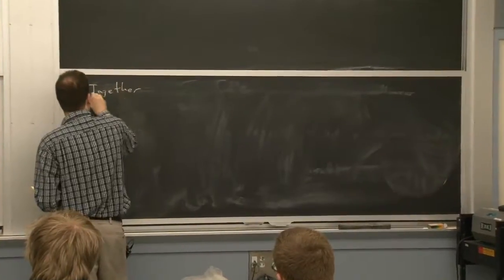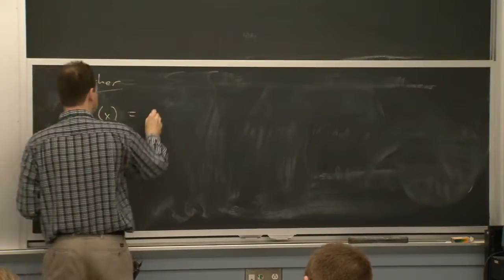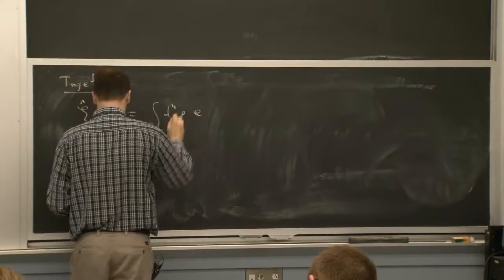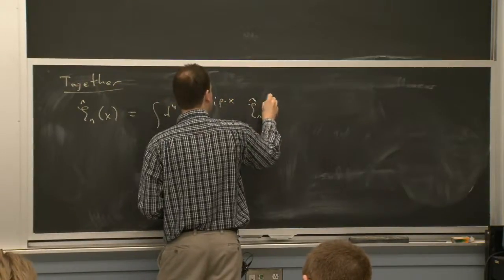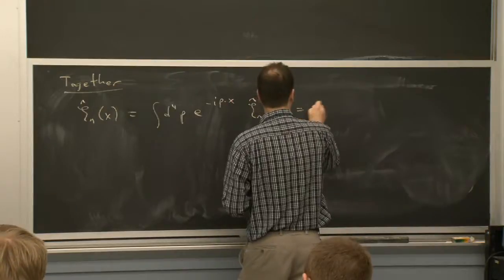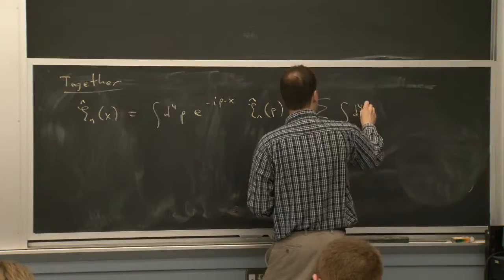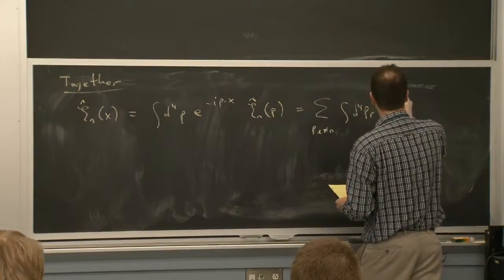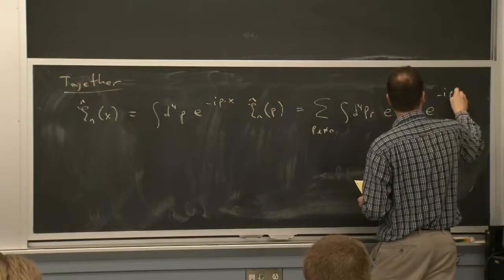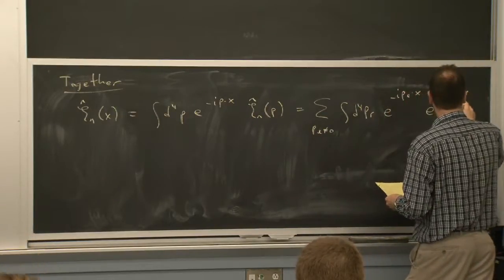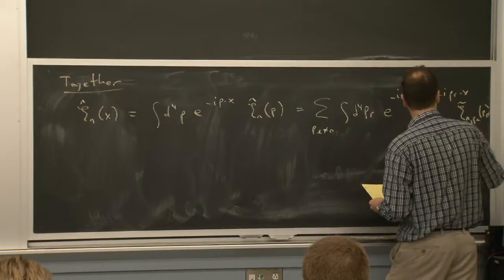So let's put the pieces together. So Cn hat of X is the full Fourier transform of this Cn twiddle. And that can be split for a linear guy. We can split the measure, and we can split the phase, and we can write the field in this way.